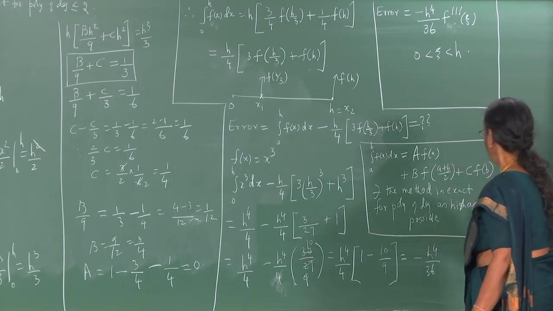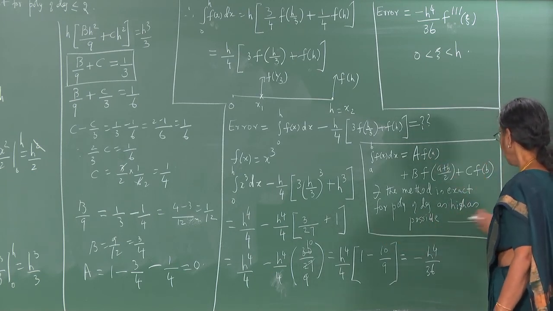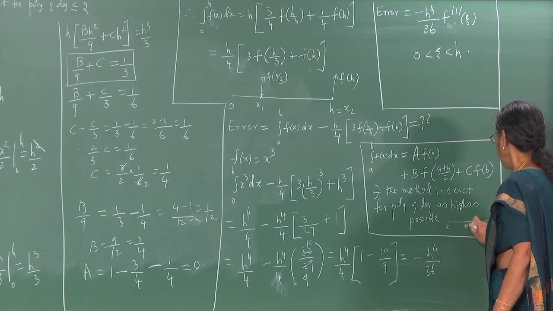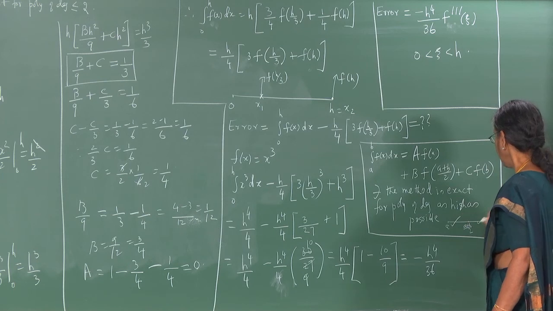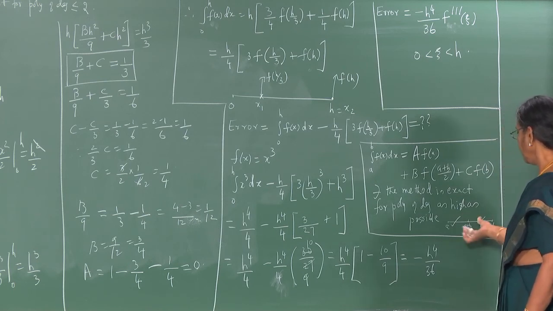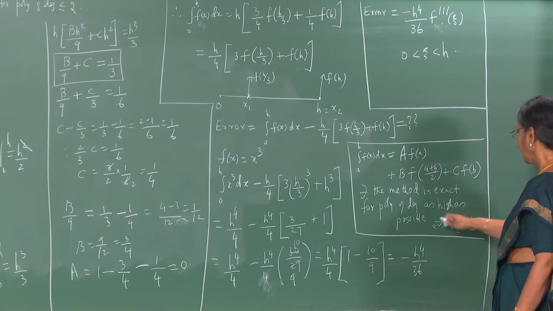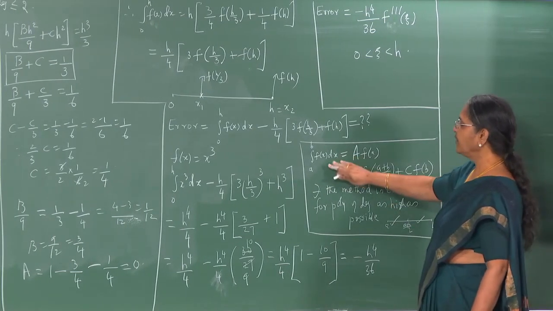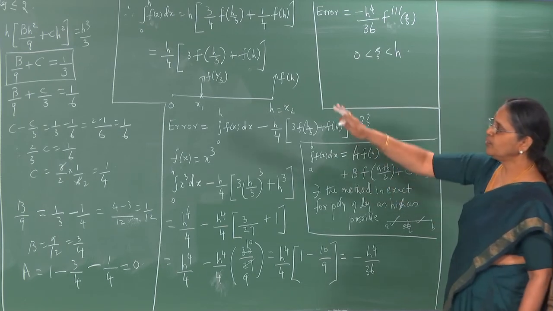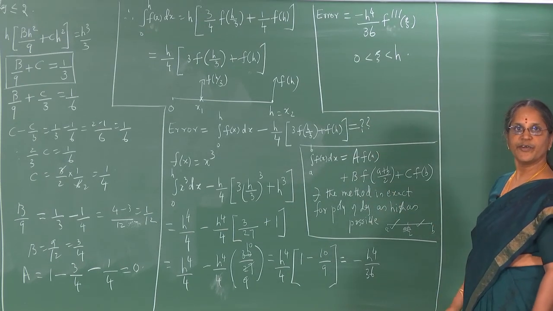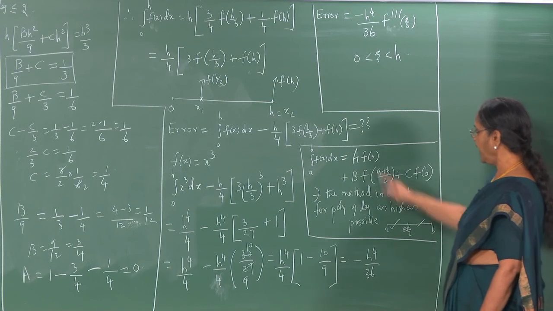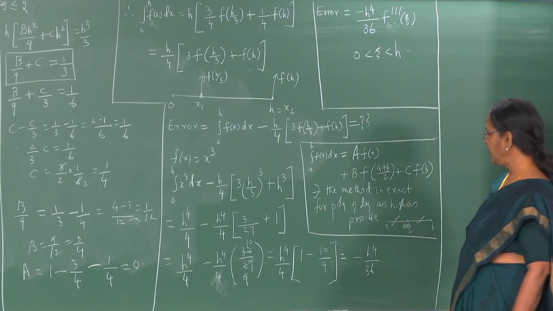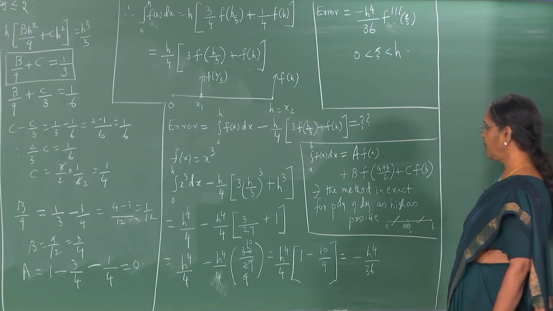Here you observe that the points are a, b and a plus b by 2, which means this is the midpoint of the interval. So, the points are equally spaced. I would like to derive this integration method using method of undetermined coefficients and find A, B and C such that the method is exact for polynomials of degree as high as possible.